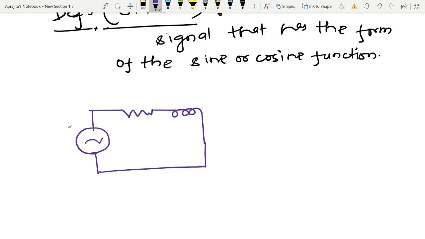So here this source, suppose for time being, Vs, looks like some kind of Vm sin omega t, or something like Vm cos omega t.